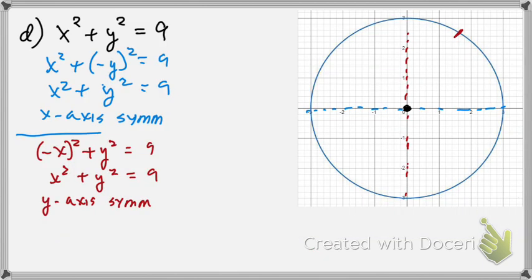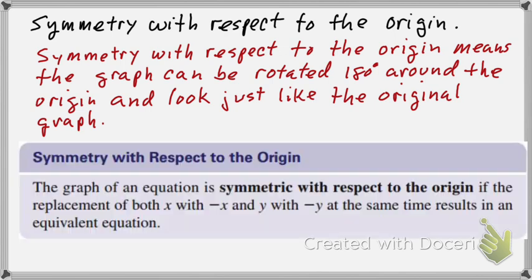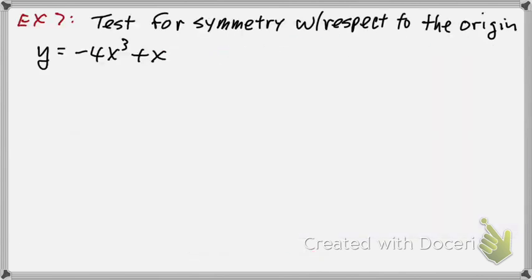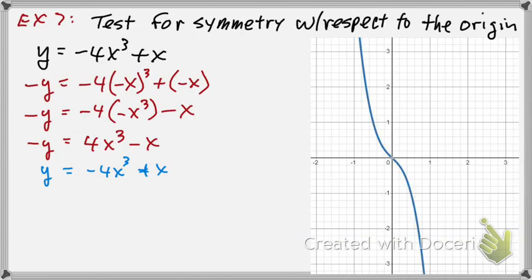Is the opposite true? Nope. Now look at that. That's the graph of our original equation. It does not have x-axis symmetry. It does not have y-axis symmetry. But it does have symmetry about the origin.